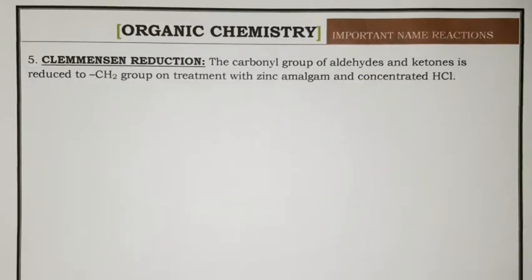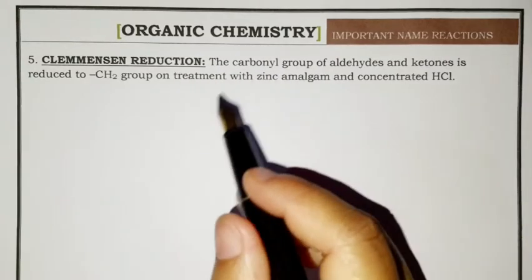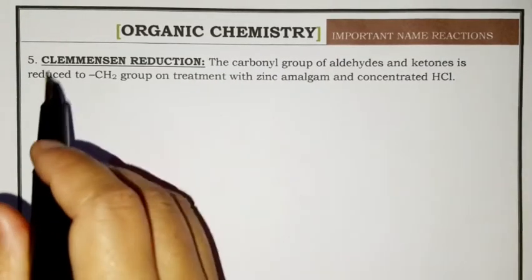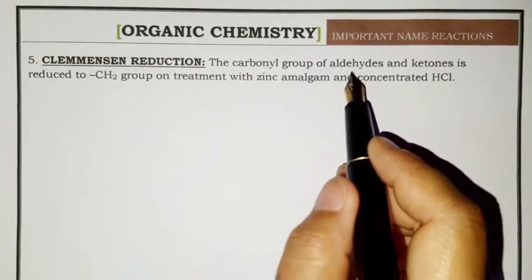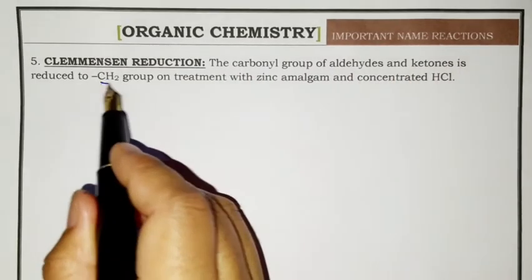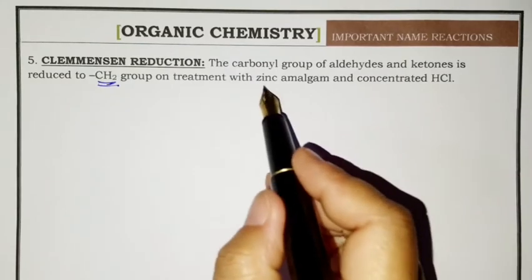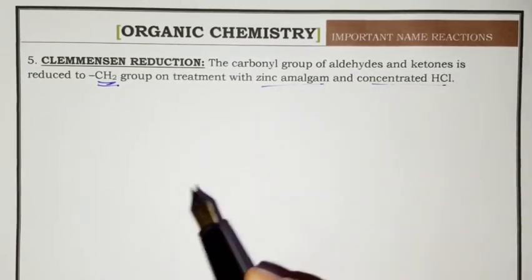So next is the Clemmensen reduction. Here what we are doing is, just four reactions, the preparations of aldehydes, right? Now from here, this is what is called reactions of aldehyde. Now the Clemmensen reduction: the carbonyl group of aldehyde and ketone is reduced to a CH2 group on treatment with zinc amalgam and concentrated HCl.